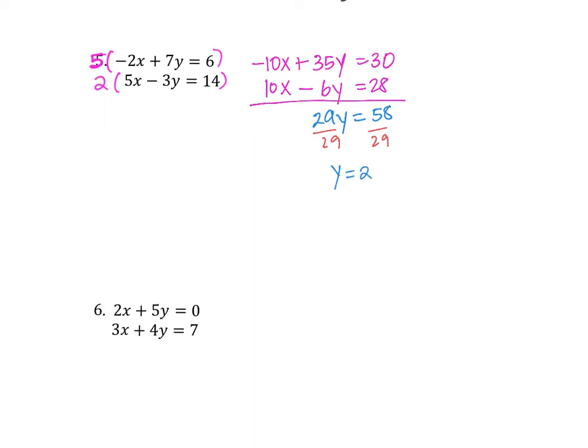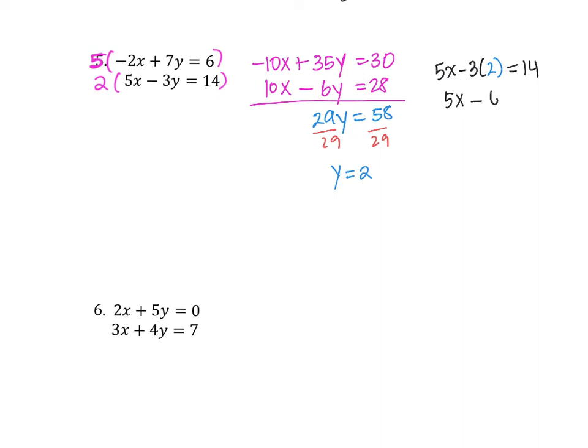Even though there's big numbers, they should come out to be nice numbers. Use your calculator. And then I can plug it in any of the 4 equations I started with. Which one should I use? I think I'm going to use the 5x one. So 5x minus 3 times y equals 14. I didn't have to use that one. I could have used the negative 2x plus 7y equals 6 or one of the pink ones.